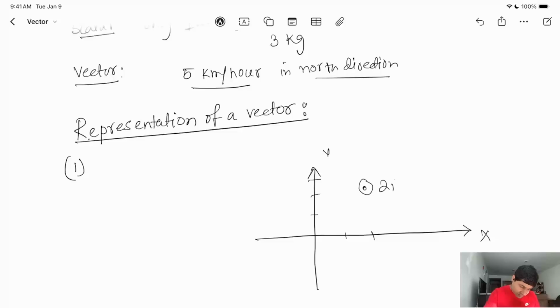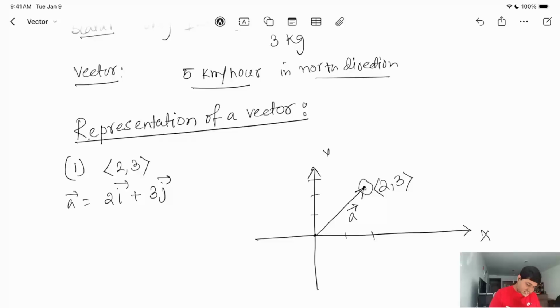The first representation, we can represent 2, 3 as a vector that starts from the origin and finishes exactly at that point. So it has a head and a tail. You can think of an arrow. You can also represent it in another way, where we can say 2i plus 3j. So everything is representing the vector A.